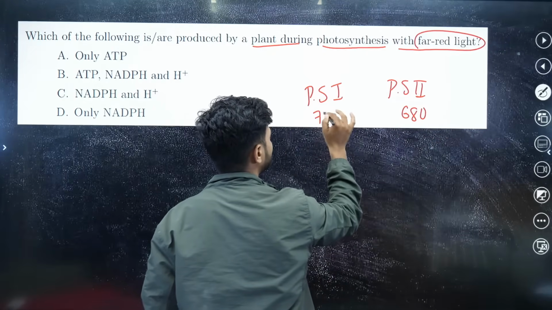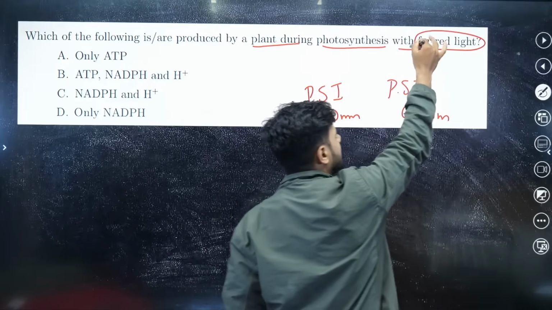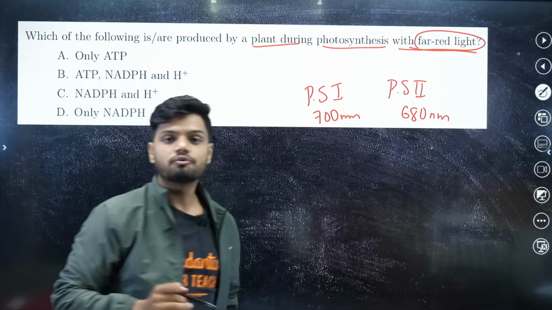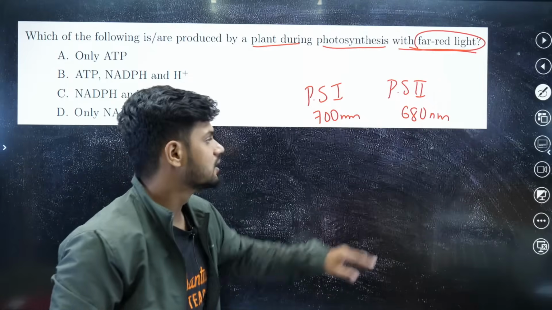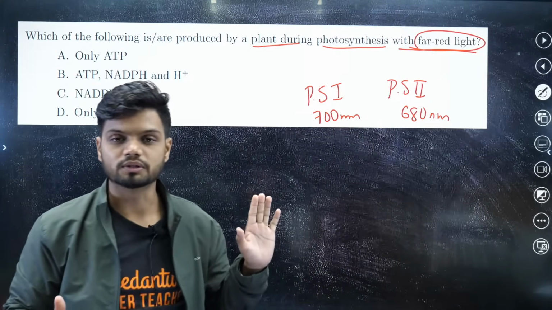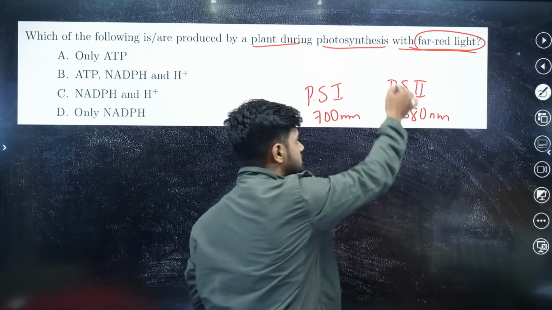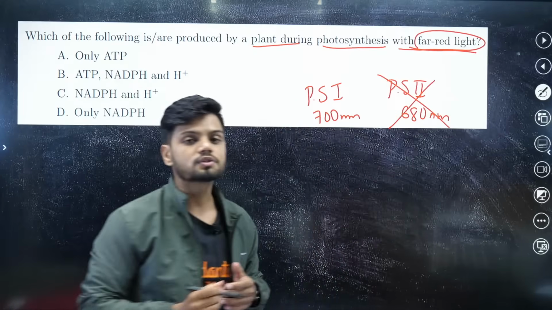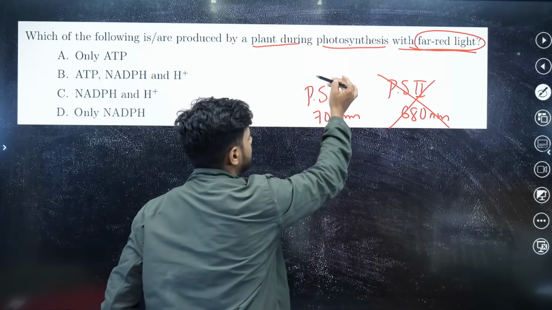Photosystem 1 works at 700 nanometer. Now whenever there is far red light, the wavelength of light is generally more than 680. So whenever there is far red light, photosystem 2 will not work at all. So only and only photosystem 1 will work.